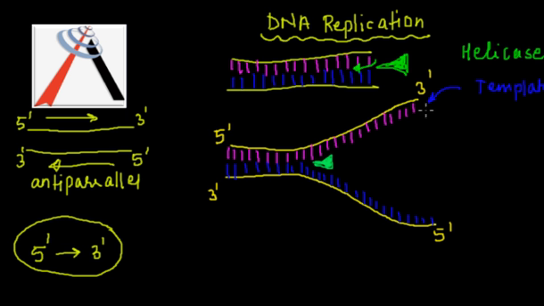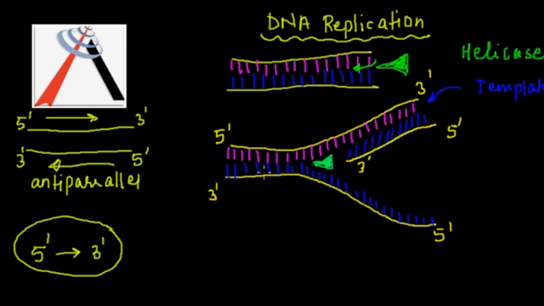So this strand, which is in the direction of 3' to 5', is called the parent strand, because here it's simple. Here the DNA can form in this direction because it can form from 5' to 3'. So as helicase continues to cleave the parent DNA molecule, a daughter strand can form here in this direction.